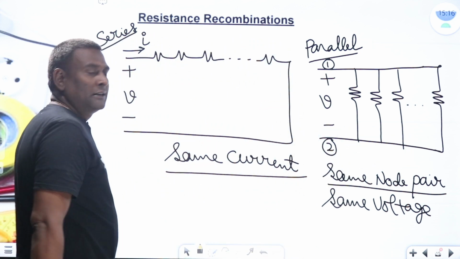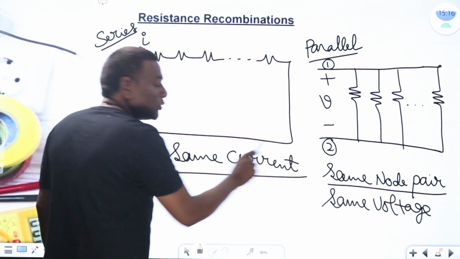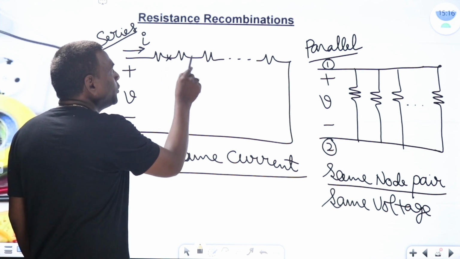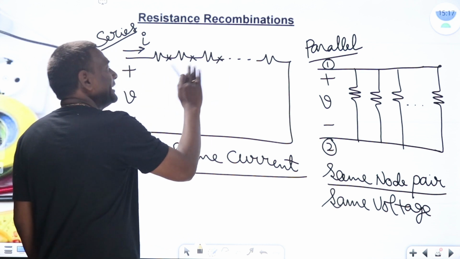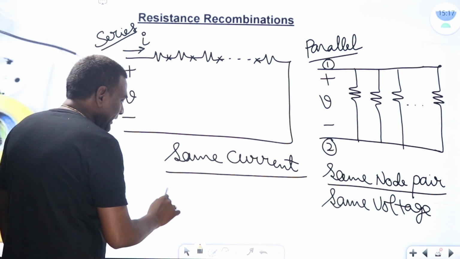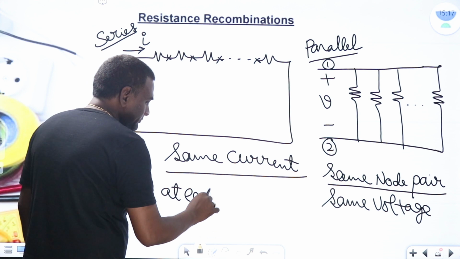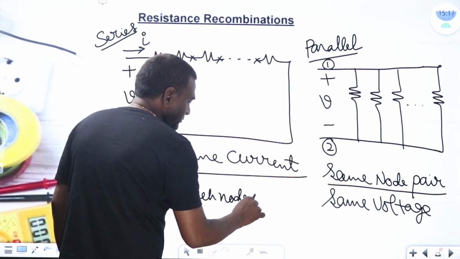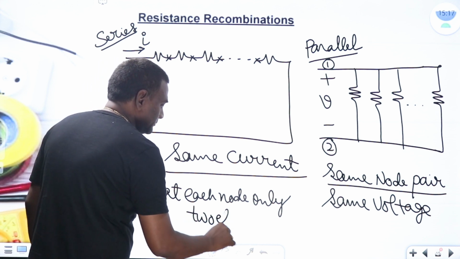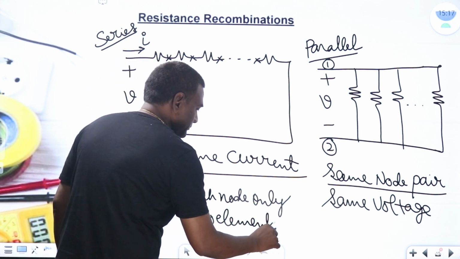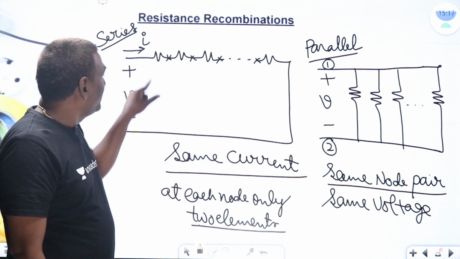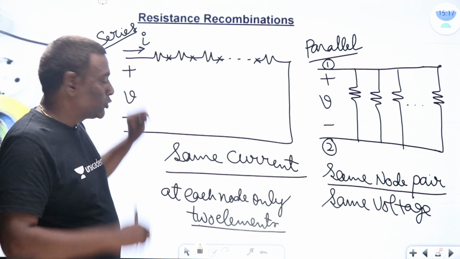Now coming to series: the same current should flow, or at each and every node only 2 elements should be connected.